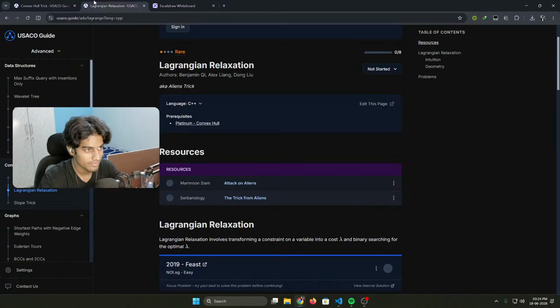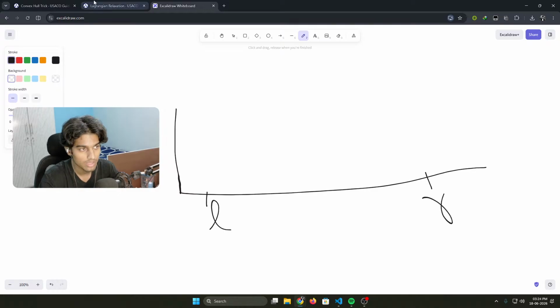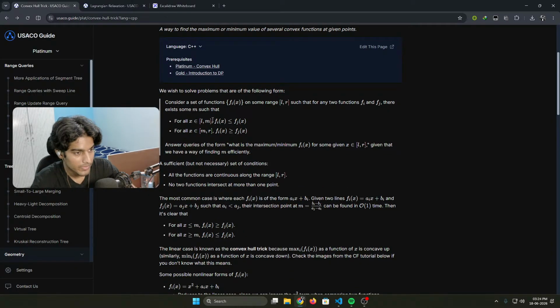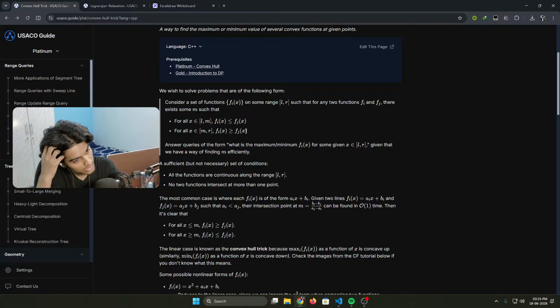So we have some random function in this range L to R. So for this till L, greater, and for all this f of x is greater than what? Here j is greater, here i is greater. Answer the query in a form. What is the maximum and minimum f(x)?